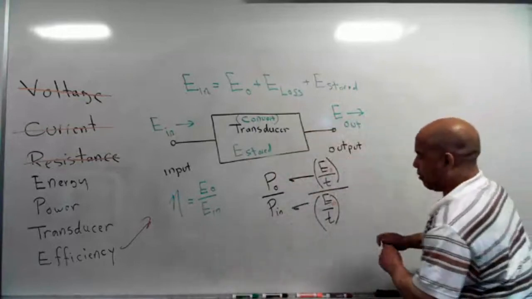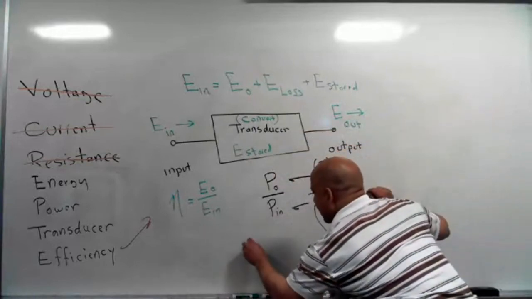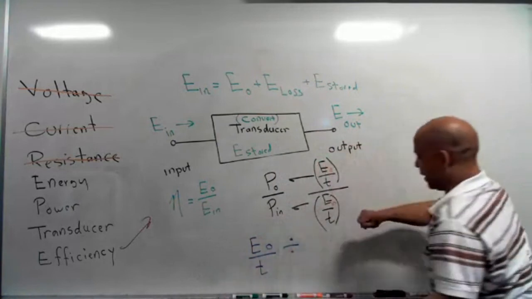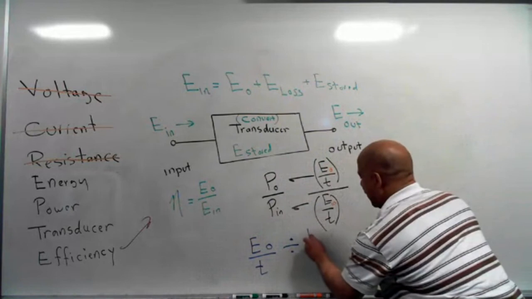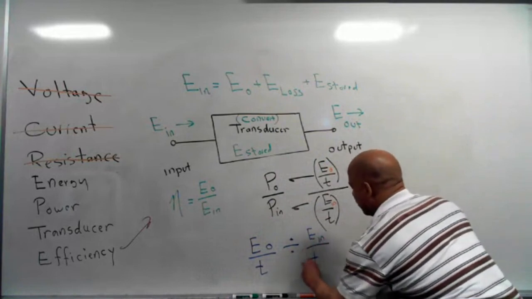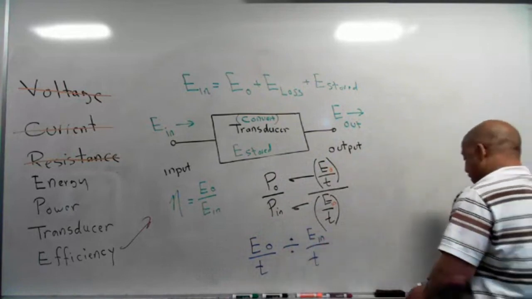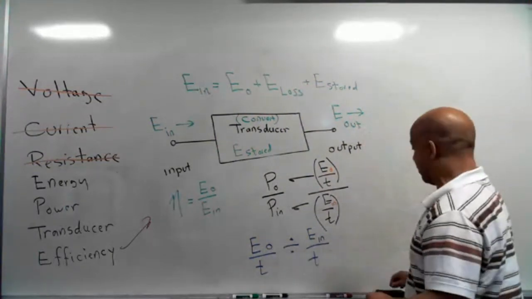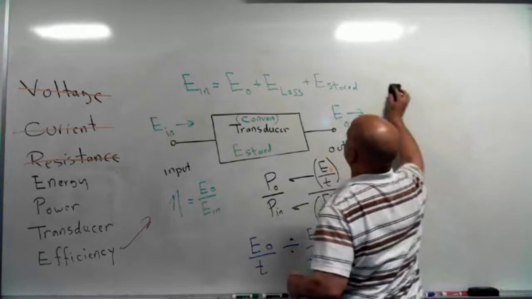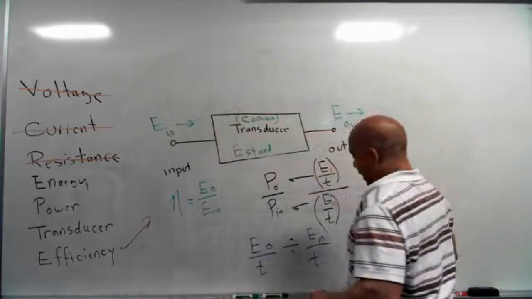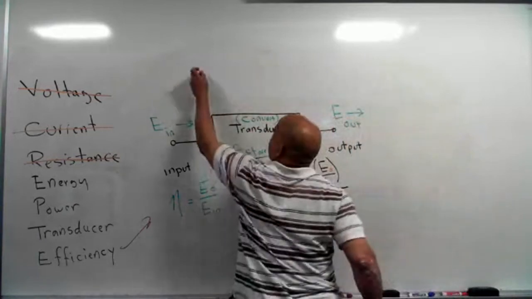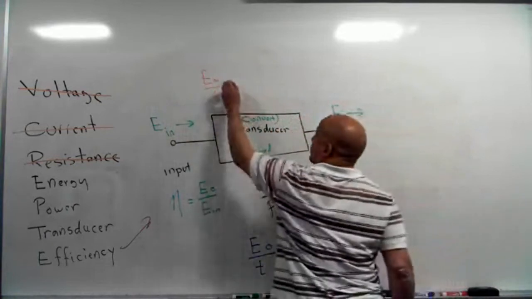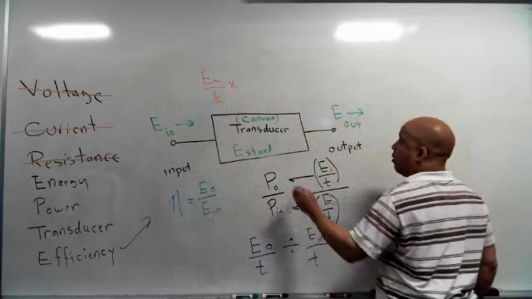If I take the numerator, which is E out over T, and divide that by the denominator, which is E in over T, remember, when we divide fractions, I take the first fraction, leave it as it is, change this to multiplication, and then flip that over.